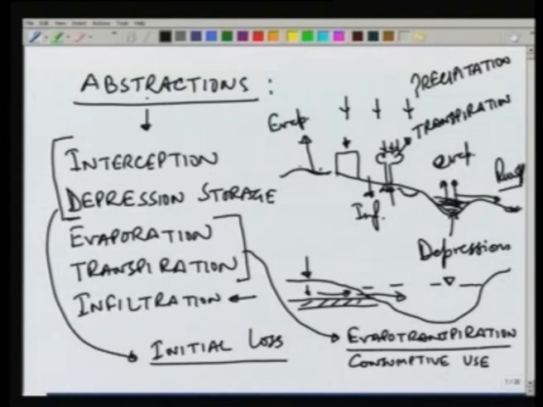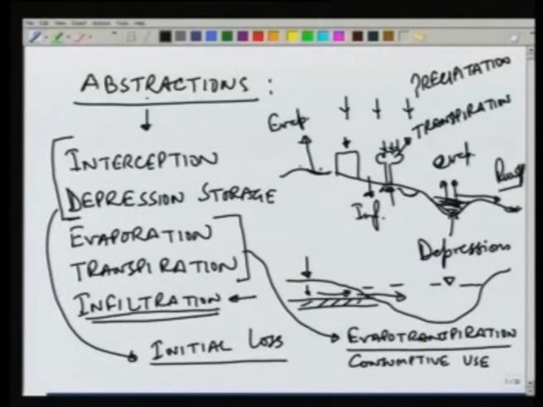So, evapotranspiration includes both evaporation and transpiration from the plants. Then infiltration we will consider as a loss, as we have discussed that the interflow or subsurface runoff we will for the time being not consider. So, let us look at the mechanism of these processes and see what are the factors which affect them. We will look at them one by one.